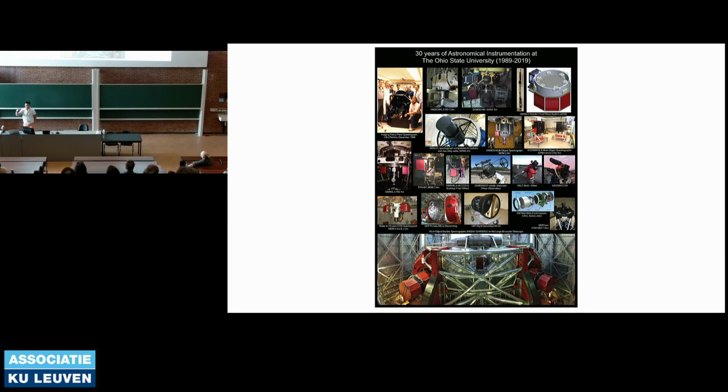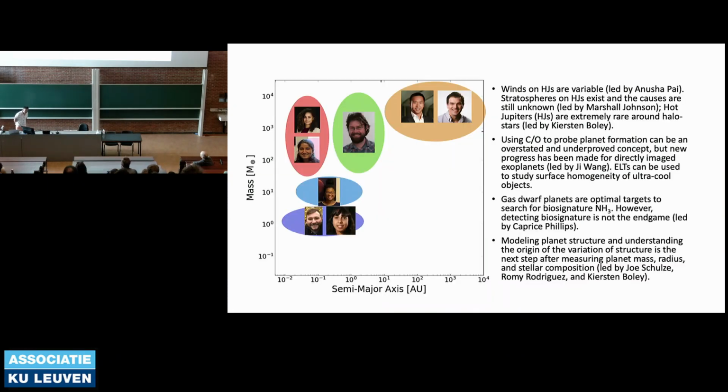So we hope to extend the excellent track record of OSU instrumentation teams with this new concept that I just introduced. Not only do I work on instrumentation, I also, with my team, work on many scientific investigations on exoplanets.